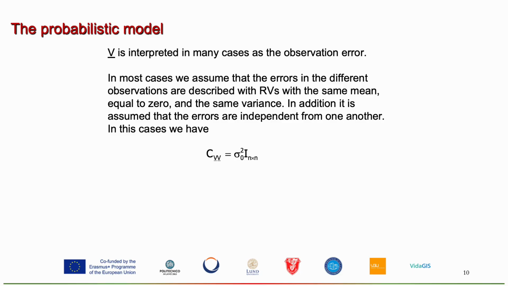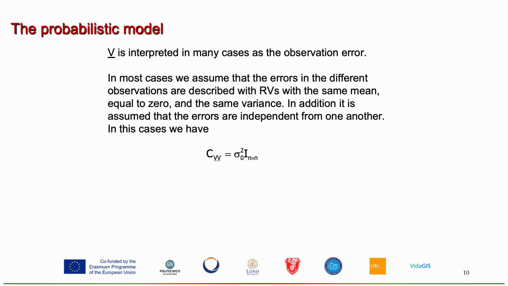As we have said, capital V can be interpreted as the observation errors, and in most cases we can assume that the errors in the different observations are described by random variables that have the same mean equal to 0 and the same variance.